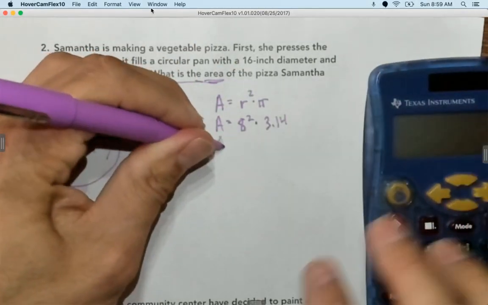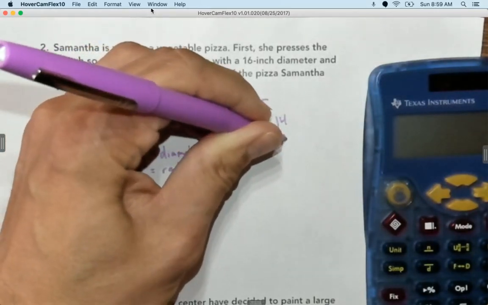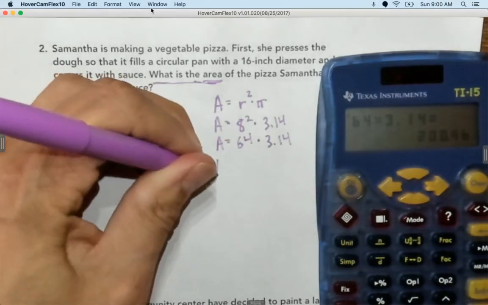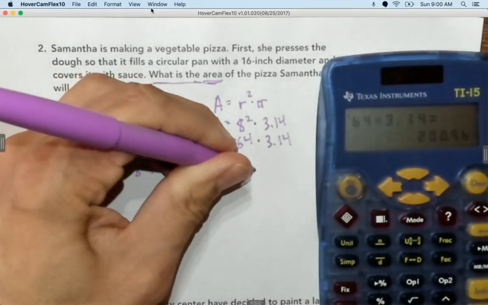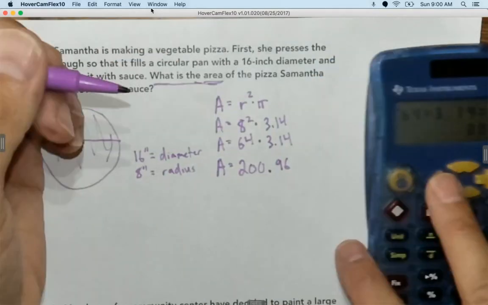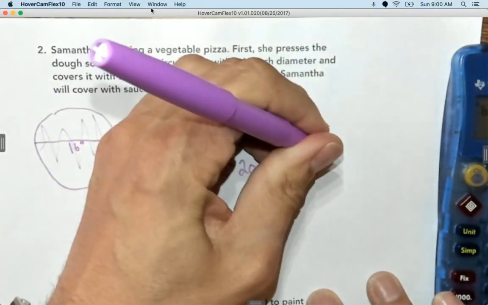And that would be 64 times 3.14. Then if I'm typing that in, 64 times 3.14, and I get an area of 200.96 inches squared.